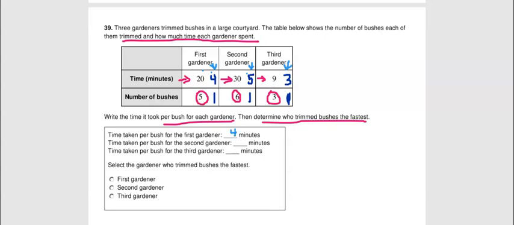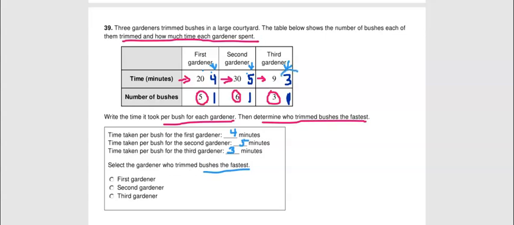For the second gardener, it was 5 minutes. And for the third gardener, it was 3 minutes. So it says select the gardener who trimmed the bushes the fastest. Well, even though they only did 9 minutes, if you just look at the time it takes to do the bushes, the one with the least amount of time taken is the one who's going to be able to claim that they went the fastest.